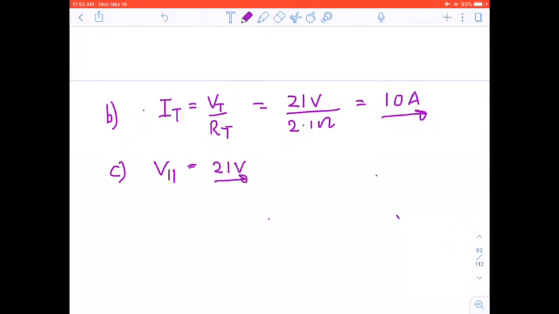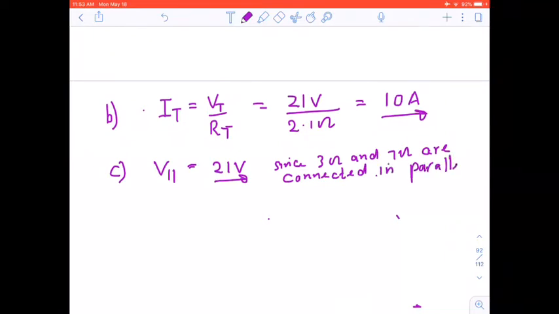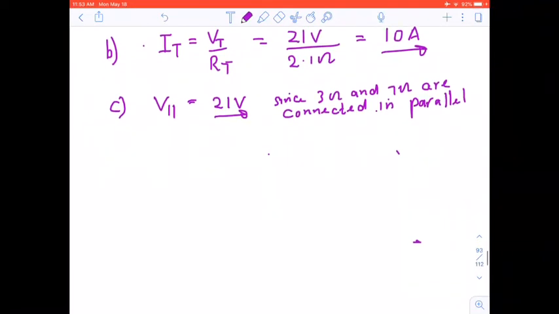So across the 3 ohm and 7 ohm, it is 21 volts, since the 3 ohm and 7 ohm are connected in parallel.